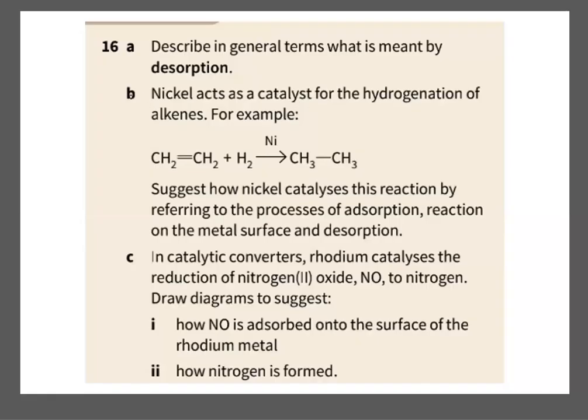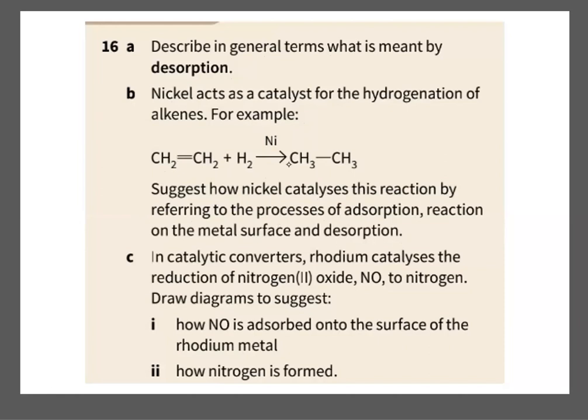This is the question: describe in general terms what is meant by desorption. Nickel acts as a catalyst for the hydrogenation of alkene, for example here. Nickel is in the solid phase, whereas the alkenes and hydrogen are both gases. Suggest how nickel catalyzes this reaction, referring to the steps of adsorption, reaction on the metal surface, and desorption.